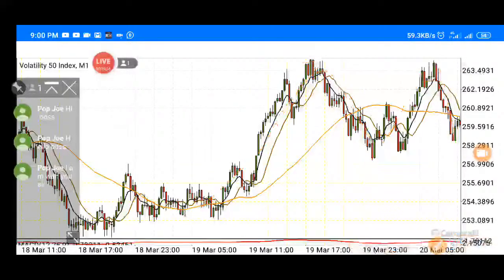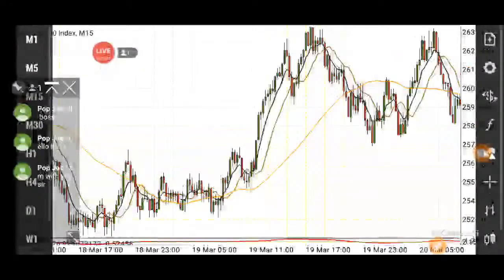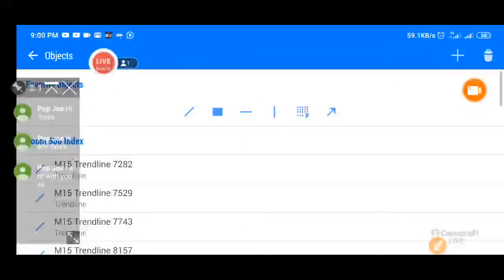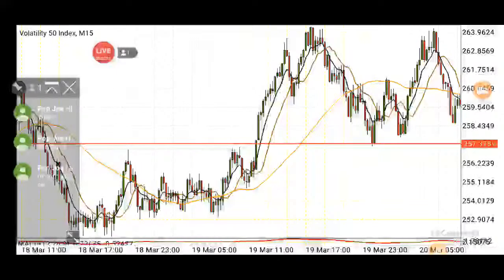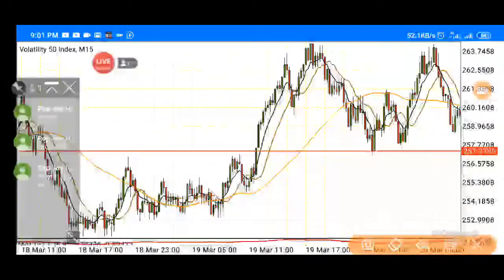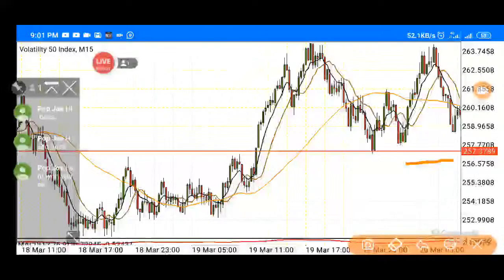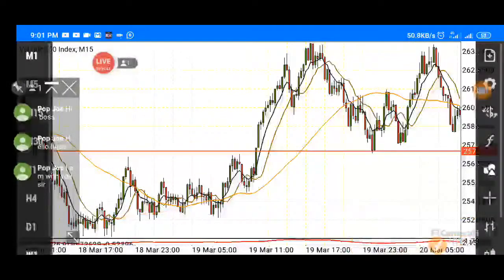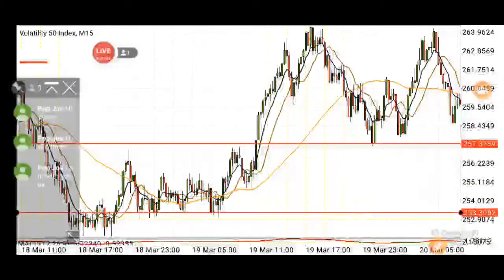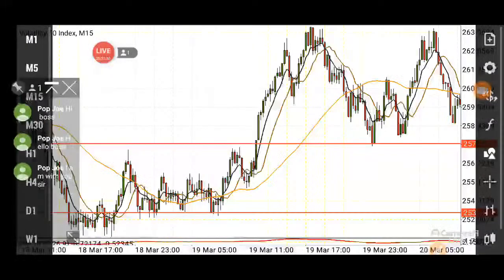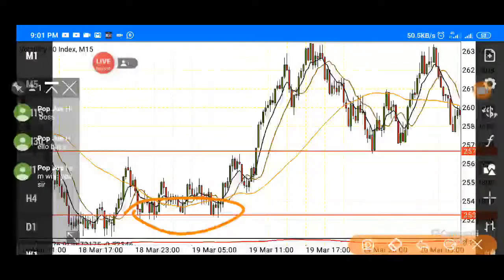So what we need to do now is wait for the breakout of this neckline. Once the market breaks this neckline, as aggressive traders, you enter here, and you can take your profit somewhere around this level. So you are taking your profits on this support.